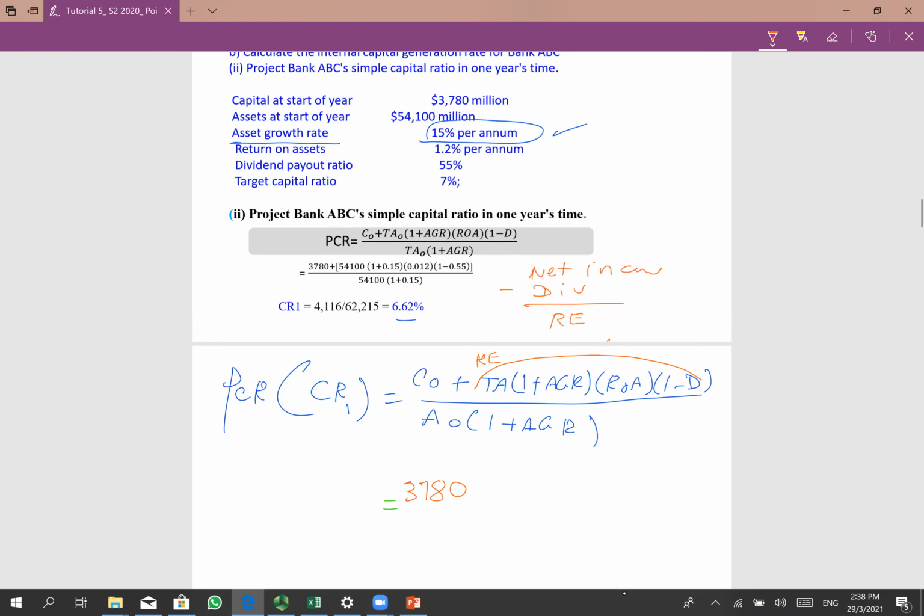Let's see. This is 3,780 plus how much my net income? My net income is this one. The assets times its growth, the asset and its growth in the same year, which is 54,100 times its growth, which is 115. And all of this will earn 1.2%.